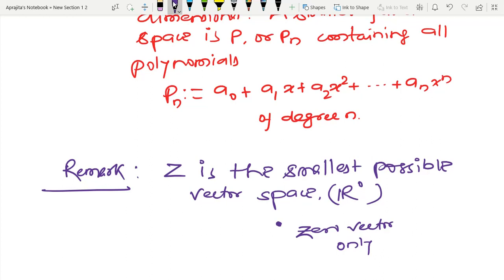But here one of the obvious vector spaces, which one can interpret as the largest possible vector space, is the function space.